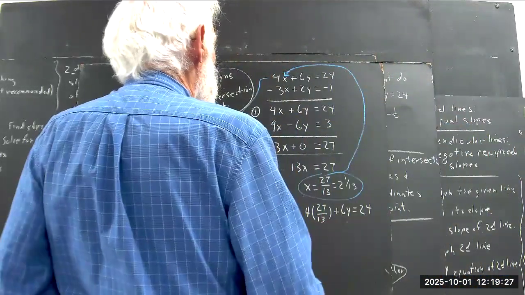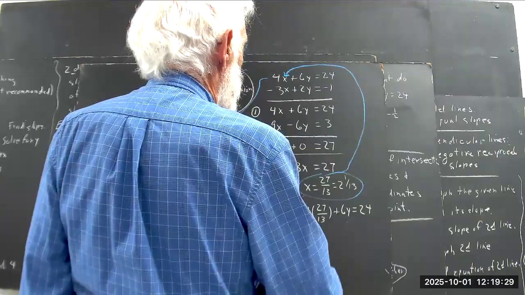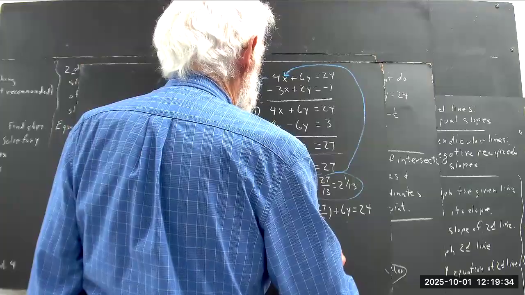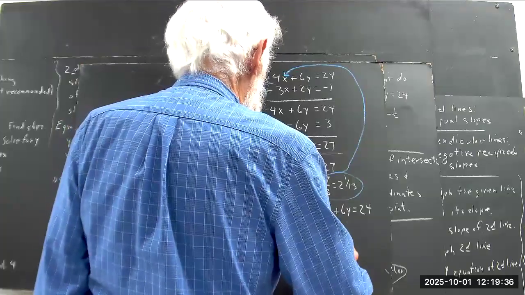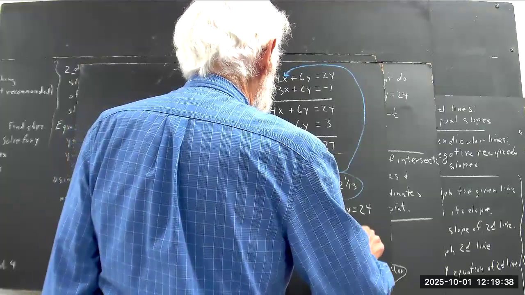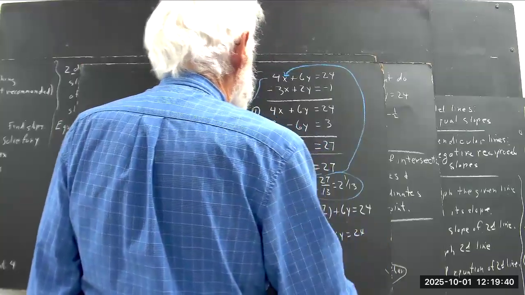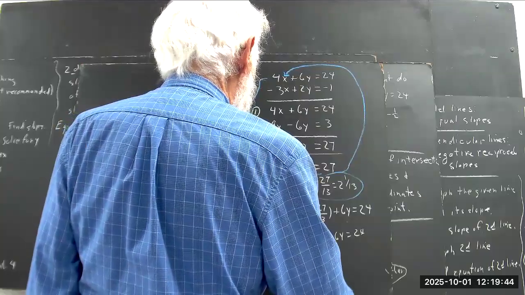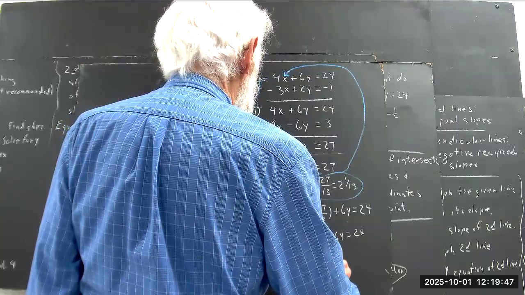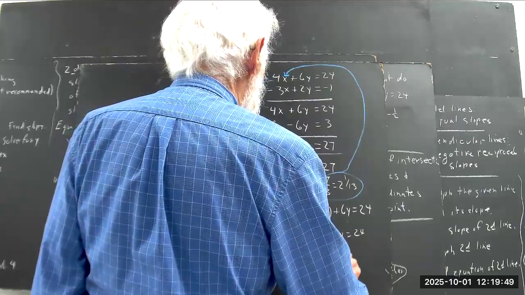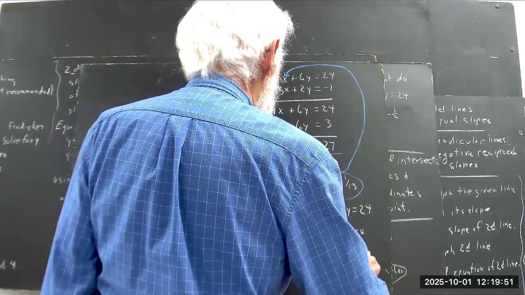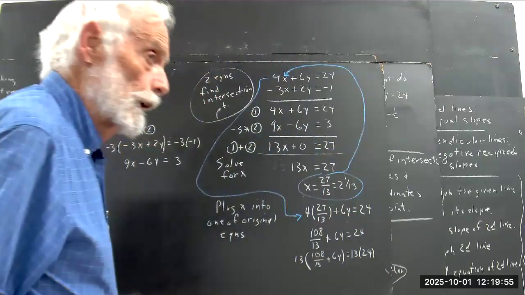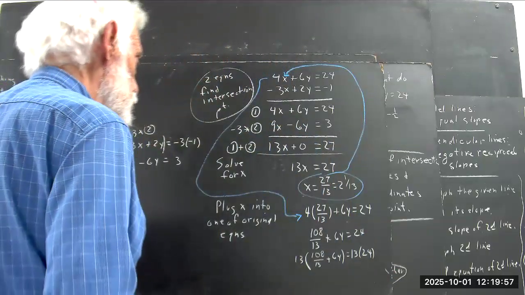Well, I'm going to go ahead and multiply this out to get 108 over 13 plus 6y equals 24. And multiply both sides by 13. I want a denominator like 13, so I've got to do a little work.